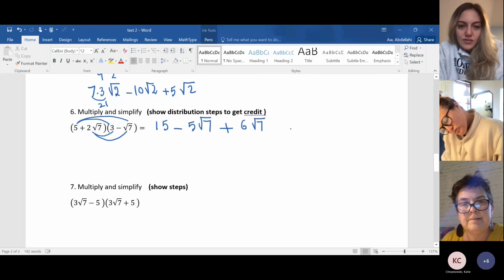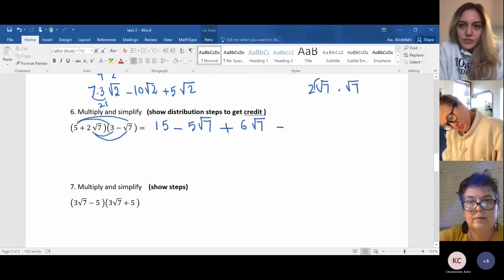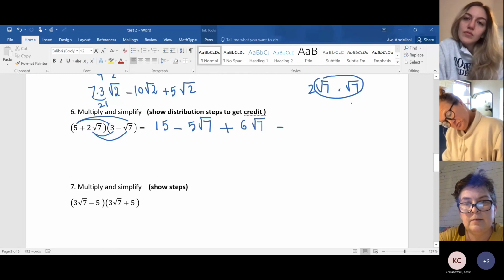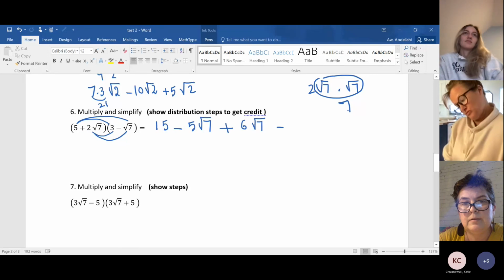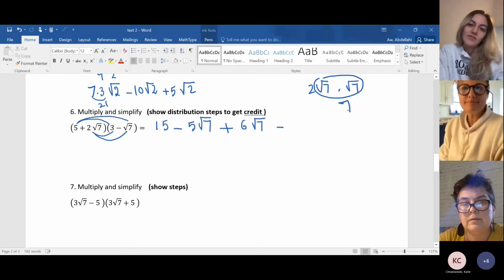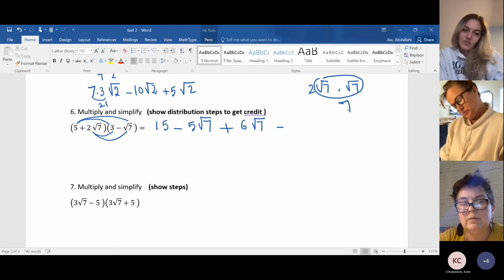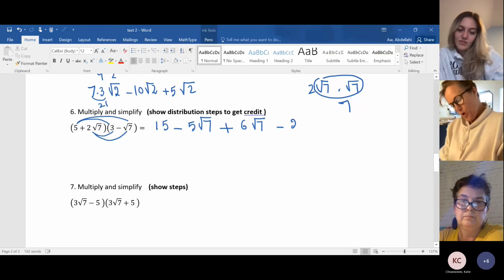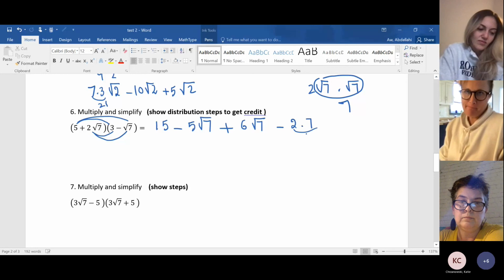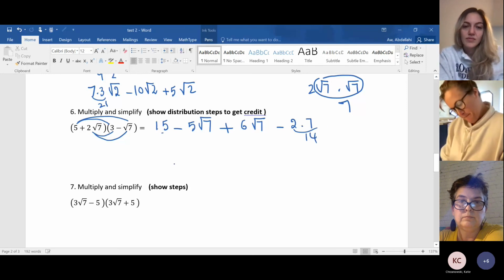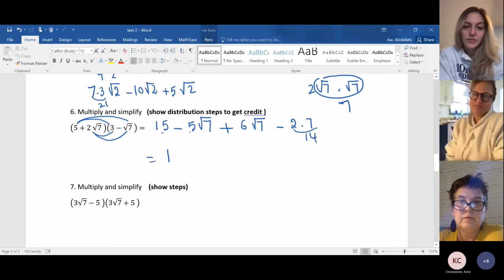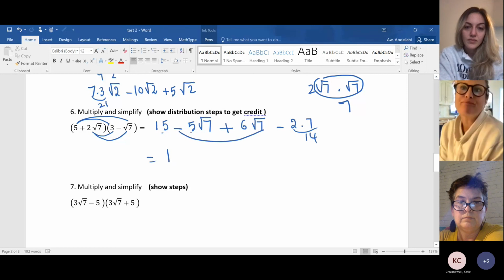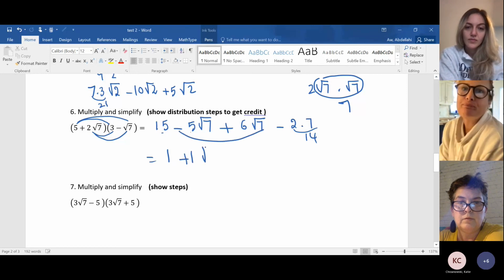And then comes the last one, minus 2 root 7 times root 7. When you multiply two square roots together, you can remove the square root, so it becomes just 7, and 2 times 7 is 14. It's 15 minus 14, which is 1. And these two together, negative 5 plus 6 is positive 1 root 7, right?